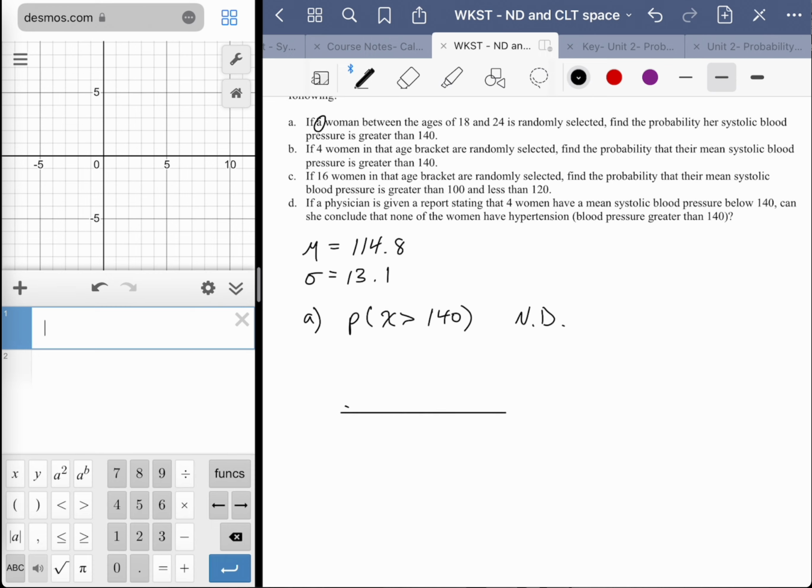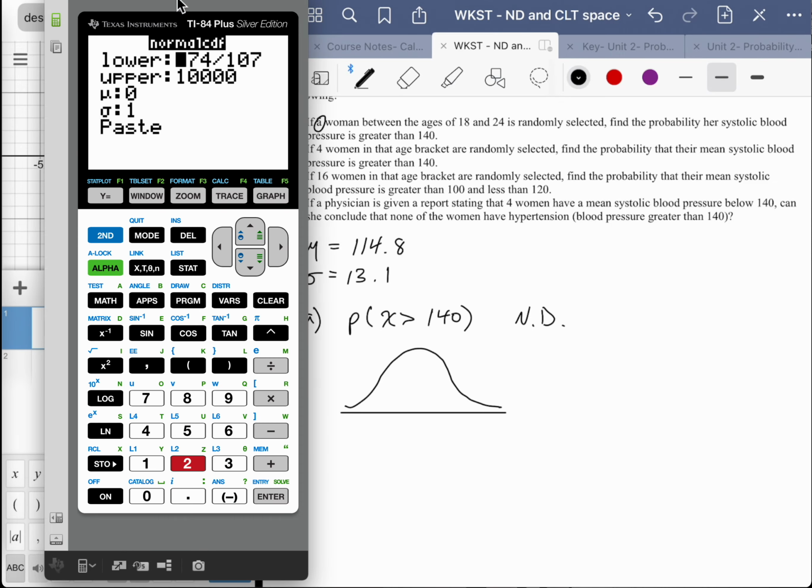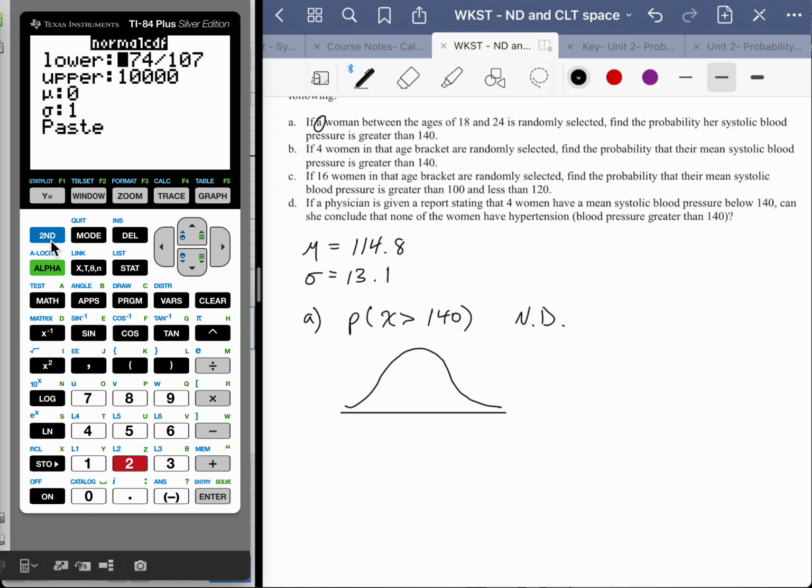We create our graph. We get our graphing calculator out. It glitches like 5 times, then it opens. We have 114 in the middle. Not quite in the middle. 0.8.